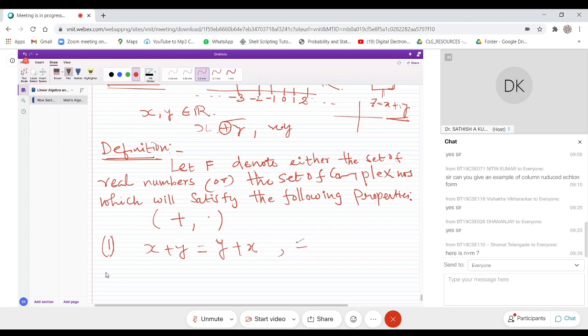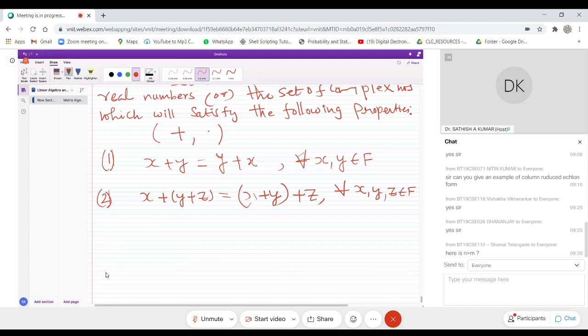For every x comma y in F. Then the second property: x plus y plus z, if you add these separately, is the same as x plus y plus z. This is once again true for all x, y, z in F.